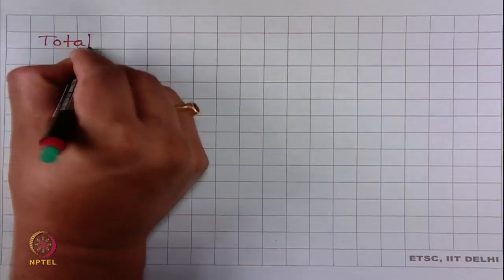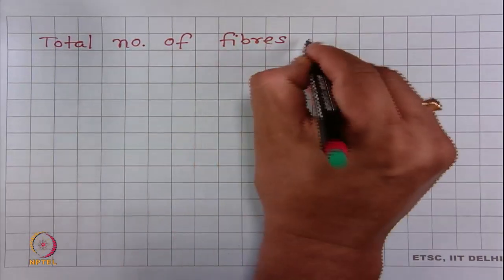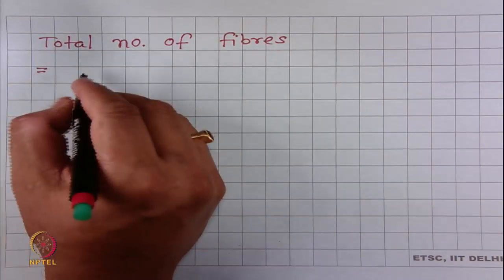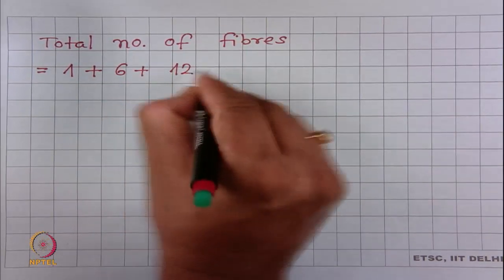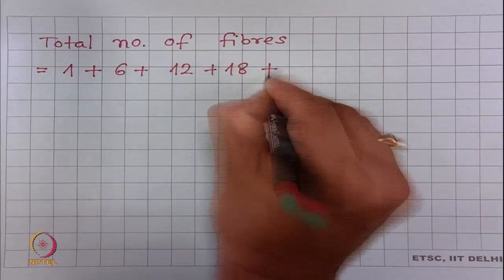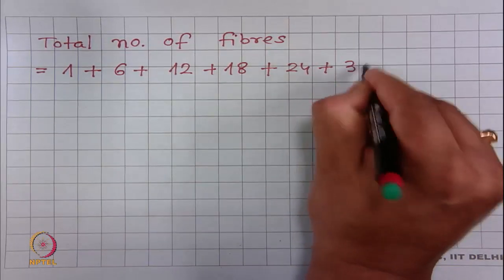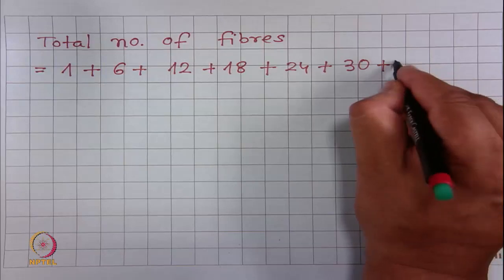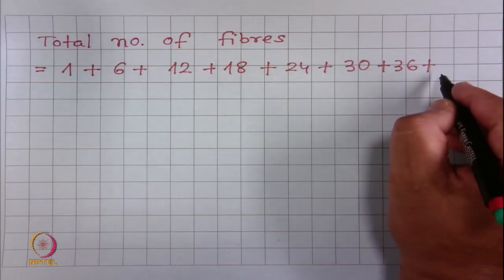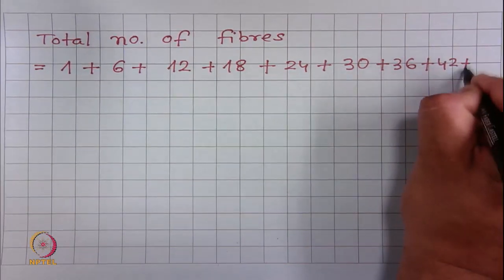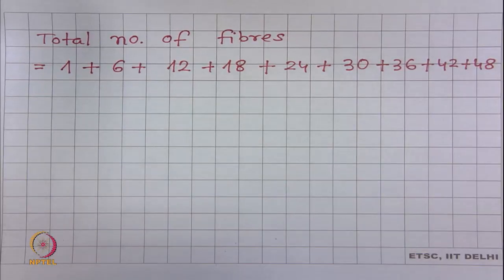Total number of fibers will be, first layer it is 1, second layer it is 6, third layer 12, fourth layer 18, fifth layer 24, sixth layer 30, seventh layer 36, eighth layer 42, ninth layer 48, so till ninth layer.